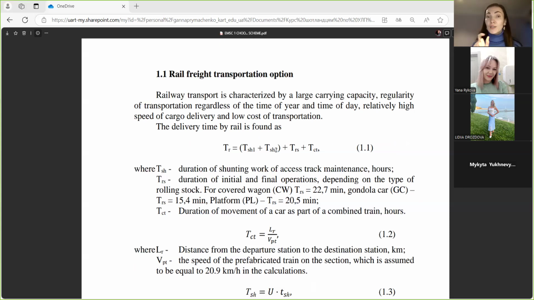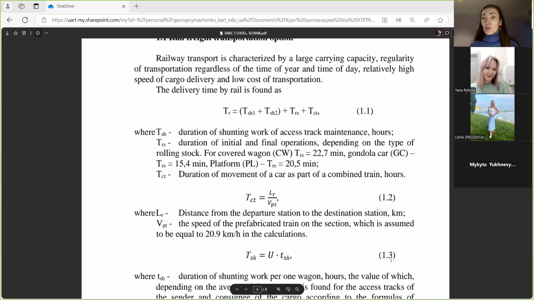We already found these sums in formula 1.3. I remind you, we already added these times and have T with index SH. So we don't need to add them now. Please write the result of your formula 1.3. We don't use these sums now because we already did it.